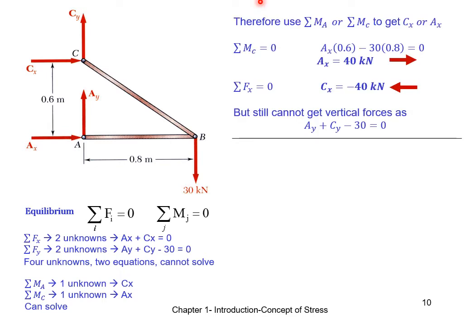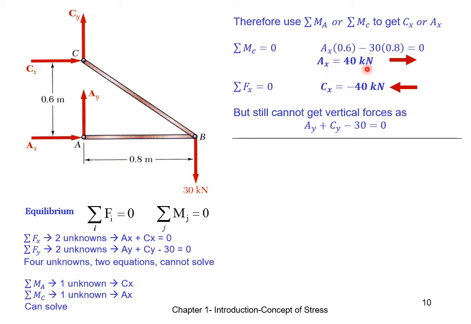Let us take summation of moments about the point C. The summation of moments about the point C equals Ax times 0.6 in the anti-clockwise direction minus 30 times 0.8 in the clockwise direction. Solving, we get Ax equals 40 kilonewtons.